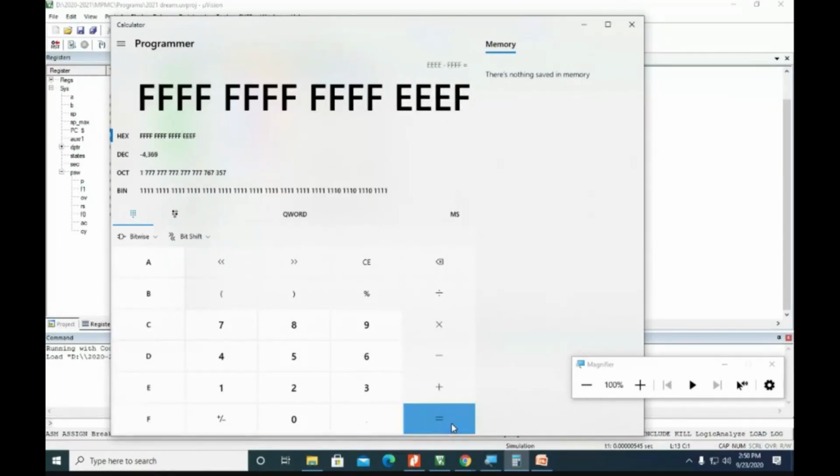The answer is all ones, because this is sign extension. This you call a sign extension. Extending 1 to all the MSB bits, notifying that it is a negative number. That's all. So the last 4 digits are EEF. EEF is your answer. So EF is LSB and this EE is MSB. So EF EE is the answer.